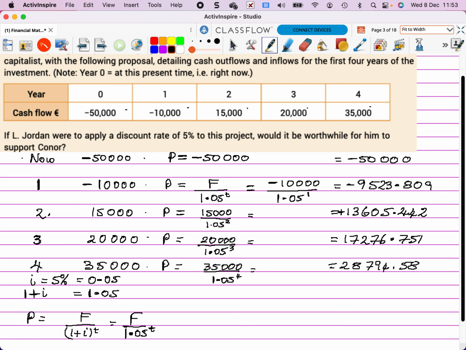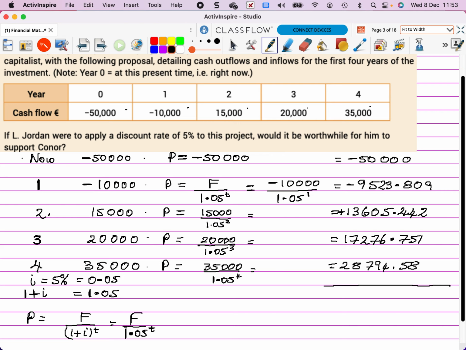Now what we have to do, and don't forget there's also minus 50,000 up there in the left-hand corner, is put that into the calculator, add them up, and decide whether the investment was worth it by comparing it to 0.